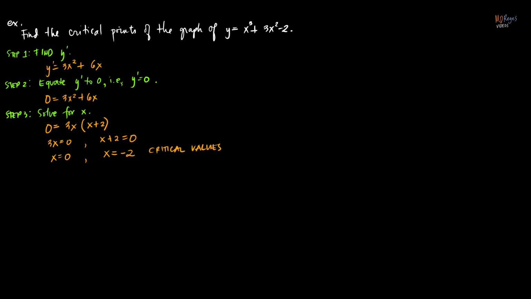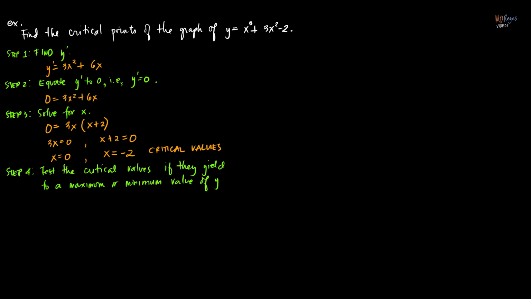Now it doesn't necessarily follow that one of these will lead to a maximum value of y and the other one will lead to a minimum value of y. We have to test whether these critical values pertain to the x-coordinates of a maximum and a minimum point on the graph of the function. So step 4 is when we test the critical values if they yield a maximum or a minimum value of y.